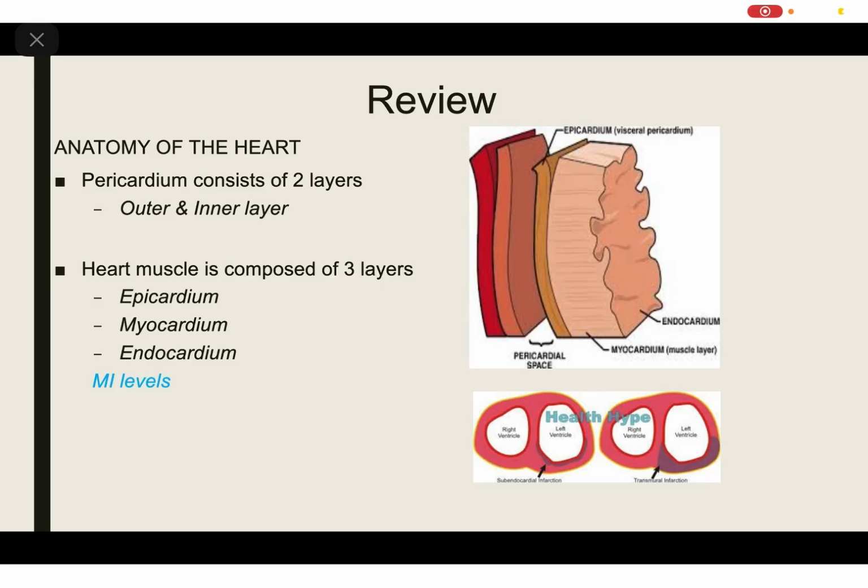So to start, we're going to go over the layers of the heart and the muscles and structures that are involved. So here we have the anatomy, which has the epicardium, the myocardium, and the endocardium. These are all the layers of muscle that are involved in contraction, versus the pericardium, which is more of that sac around the heart.